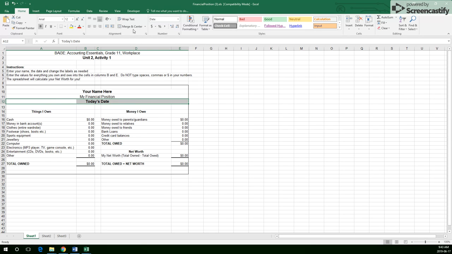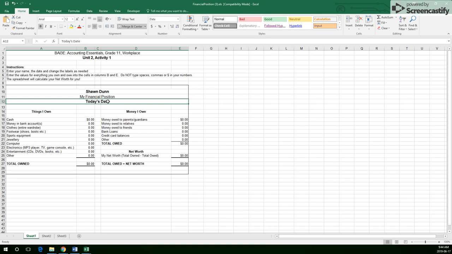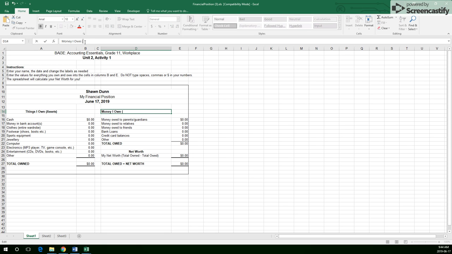All three of these rows we've merged and centered, so that now when you type your information, like I'm typing mine, my financial position, today's date is June 17th, 2019. And I'd like you to do this when you do this: put in brackets assets, things that you own, and then here, money I owe, you will put liabilities.